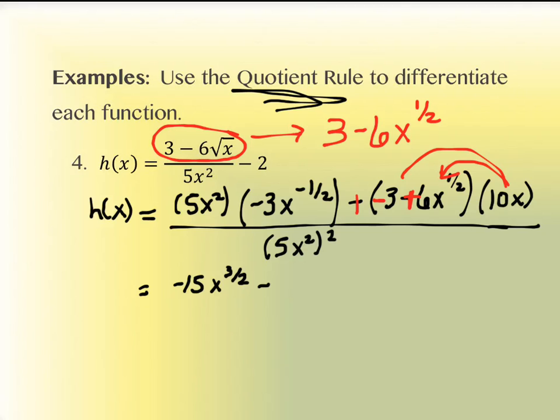I have that 3 times the 10x to give me 30x. And then I have the 6 times the 10 to give me, and it's positive, 60. And this will be x to what power? 3/2. What's the denominator actually going to be? 25x to the 4th.